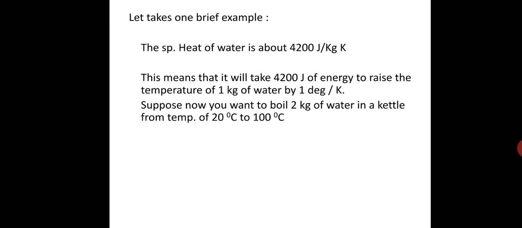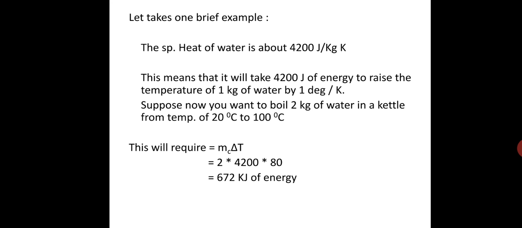Suppose now you want to boil 2 kg of water in a kettle from a temperature of 20 degree centigrade to 100 degree centigrade, then this will require m C delta T. Here m is the mass of water, C is your specific heat, and delta T is your temperature rise. Now put 2 multiplied by 4200 multiplied by 80. Now it becomes 672 kilojoule of energy. This much heat is required to boil the 2 kg of water whose temperature increases from 20 to 100 degree centigrade.